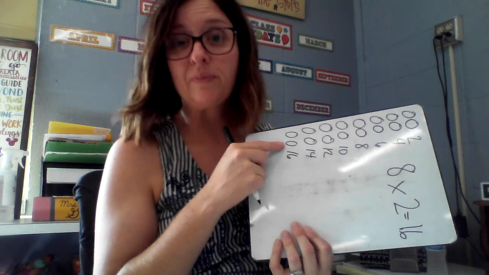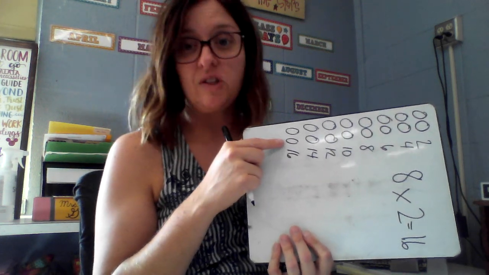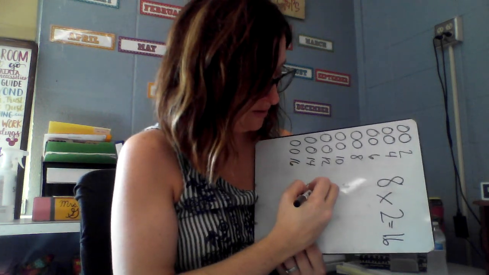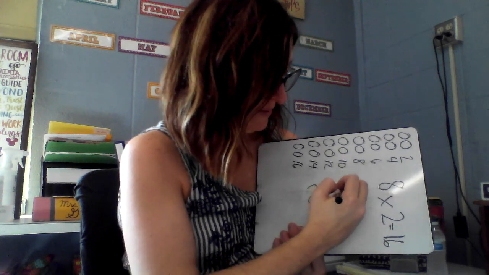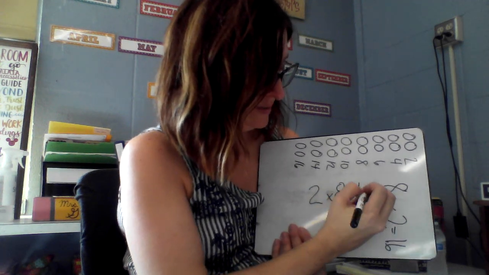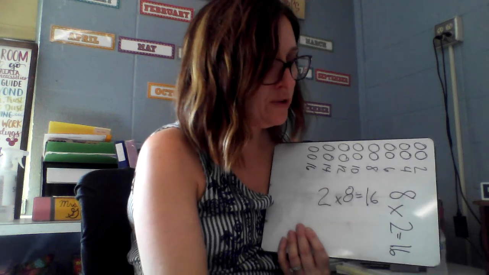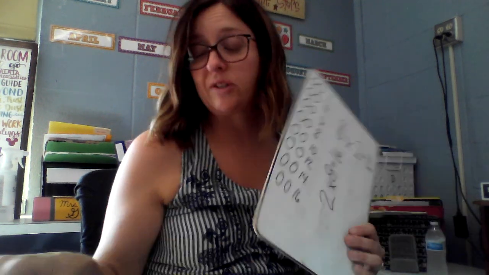I have 2 rows. Nothing changes. I can just simply say 2 times 8 equals 16. That's the commutative property, okay? Factors can change places. They can go back and forth, and they're going to have the same answer, and you will see that a lot in multiplication.